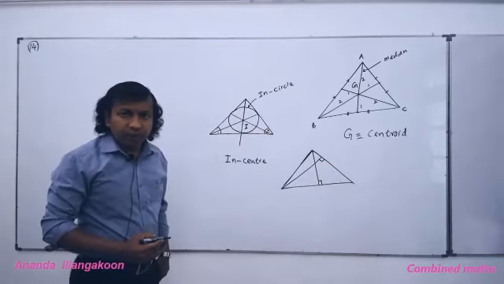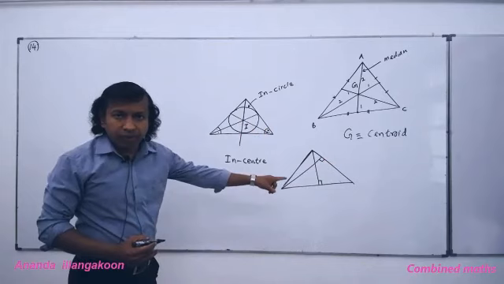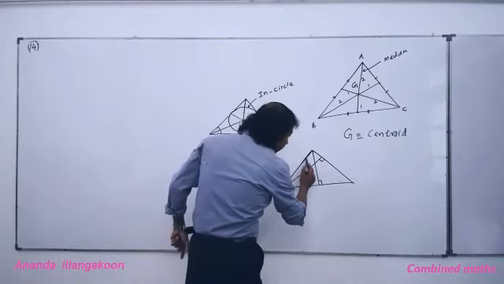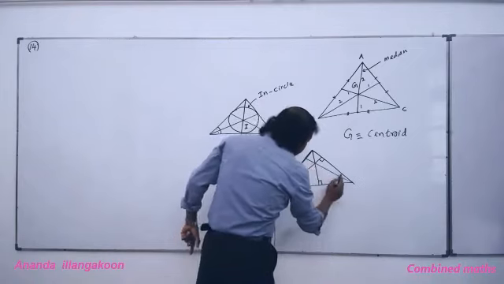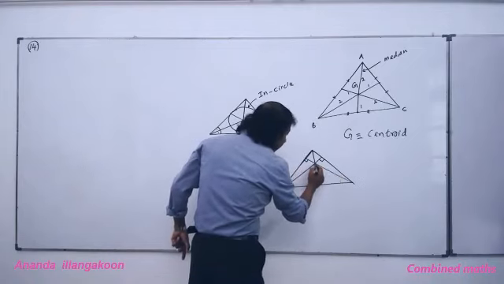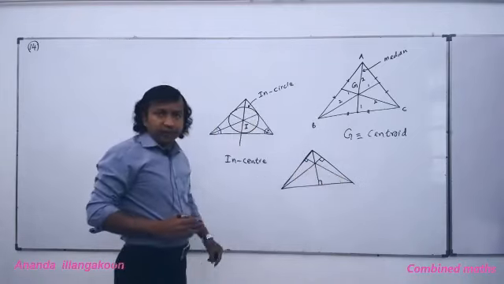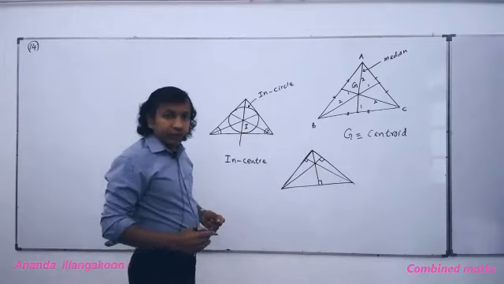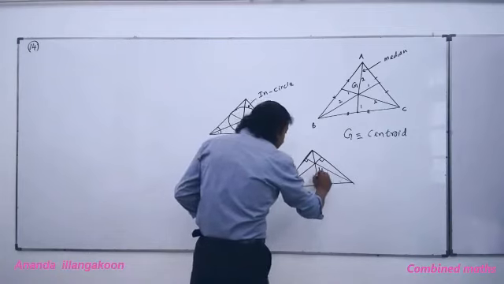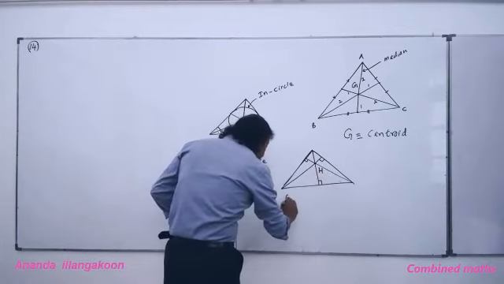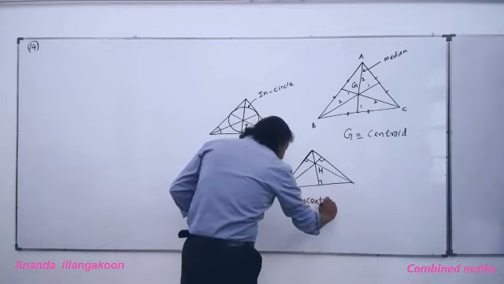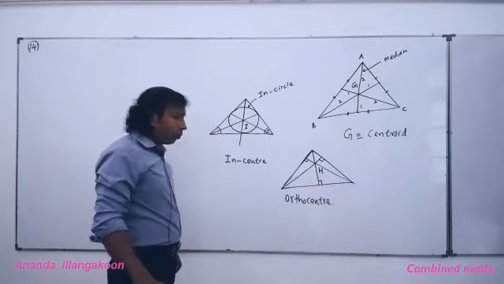The other perpendicular, when we drop from the remaining vertex to the opposite side, will pass through this point. Then these three perpendiculars meet at a point. That point is denoted by the letter H. It is called the orthocenter.